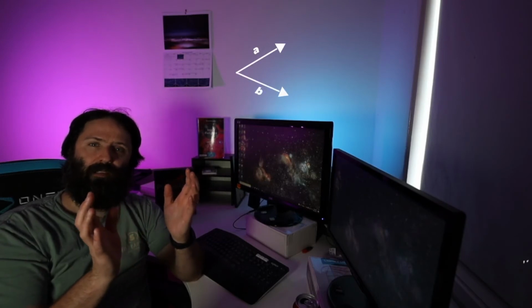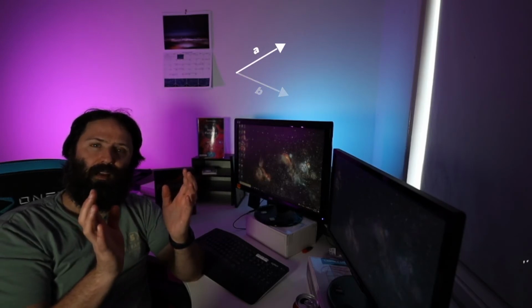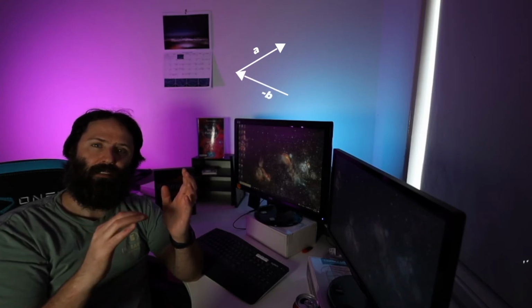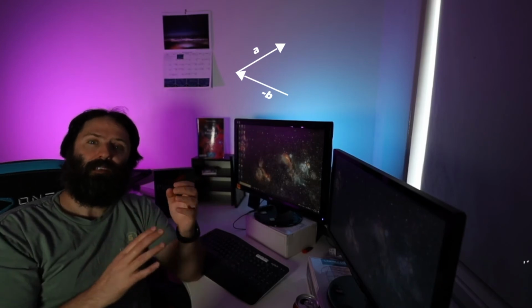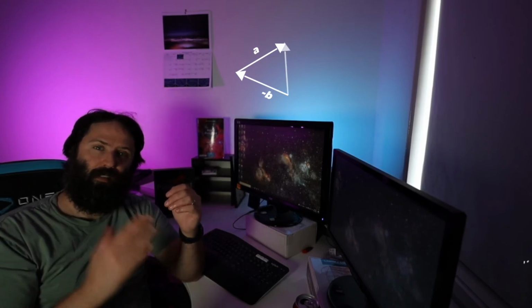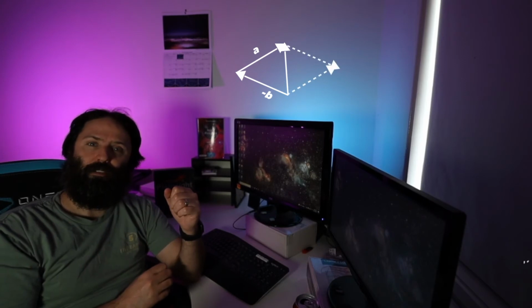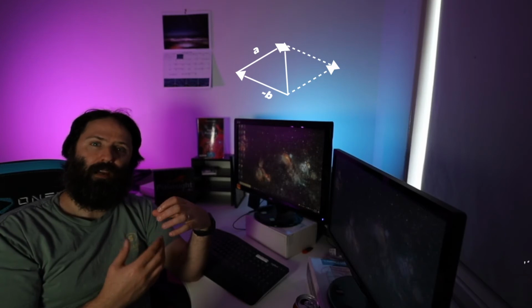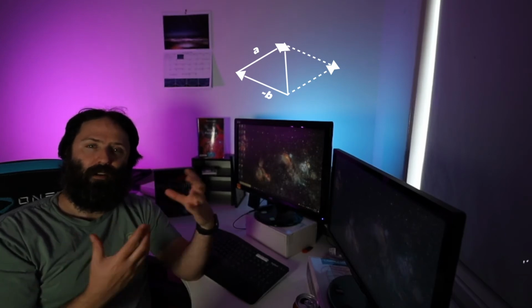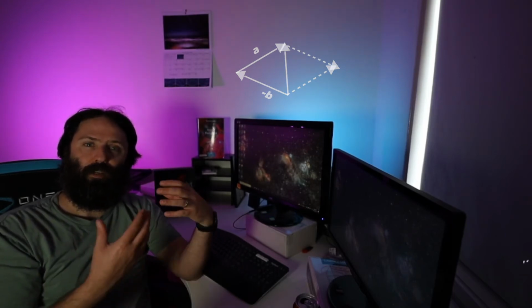If I take the vectors A and B, and then negative B, I can see that A minus B, or A plus negative B, produces as a resultant vector the other diagonal. So one diagonal of the parallelogram is A plus B, and the other diagonal is A minus B. A really nice geometrical result that's going to prove really important, and you'll see lots of questions in exams and the HSC in particular revolving around this property.